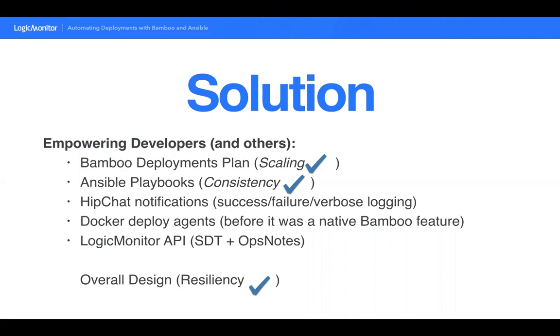We also used Ansible playbooks to help with the consistency and to also help with the auditing process. And I'll get to that in just a second. So by using Ansible playbooks, our operations team was able to enforce controls and processes. And this helped us not only maintain sanity, but ensured compliance with security policies.